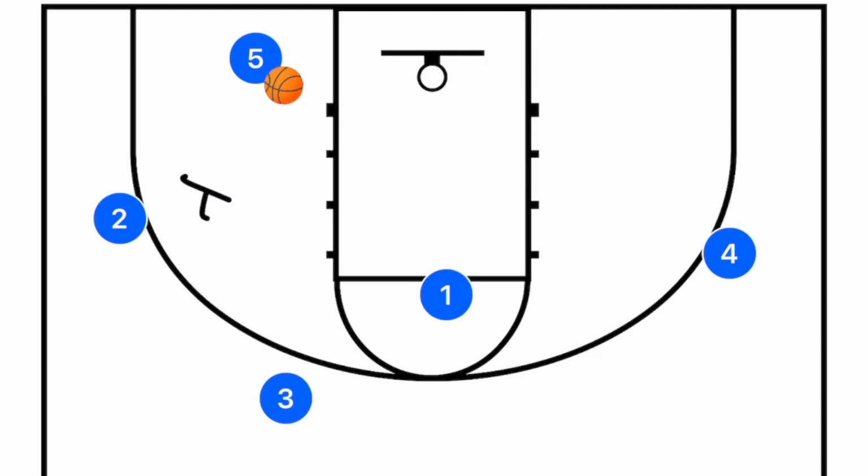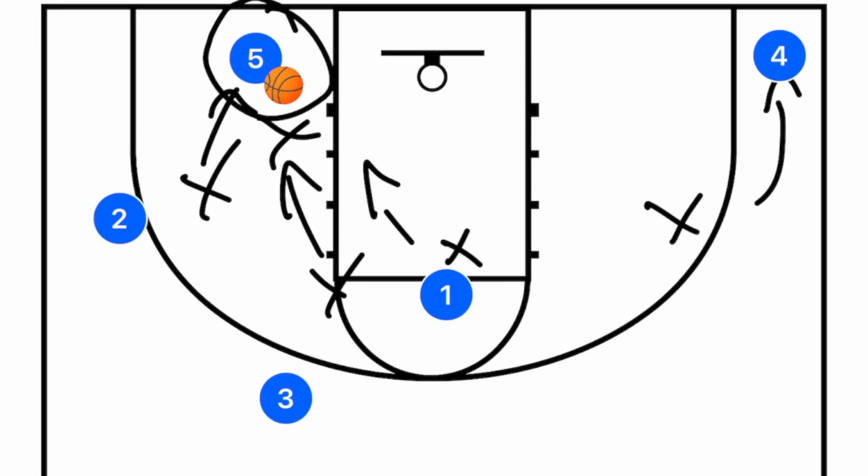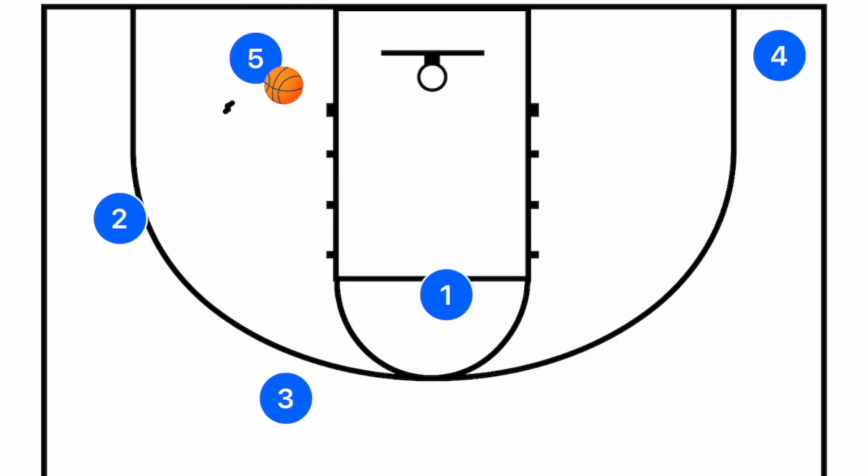Or even if the defense is here, and now player 4 is moving down this way, the defense is obviously going to have their heads turned towards player 5, or they're going to be looking at their man and trying to stay in eye contact with both their man and the ball. And when this is the case, this is going to give open opportunities for player 5 to get these passes out, or for these players to cut back door.